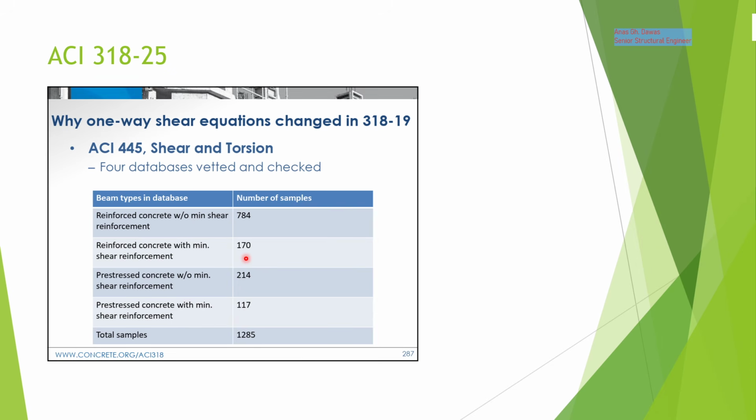We have 170 samples with minimum shear reinforcement, 200-something prestressed concrete beams without minimum shear reinforcement, and also prestressed with minimum shear reinforcement. So here we have more than 1,000 samples that ACI tested to check the adequacy of the one-way shear equations.